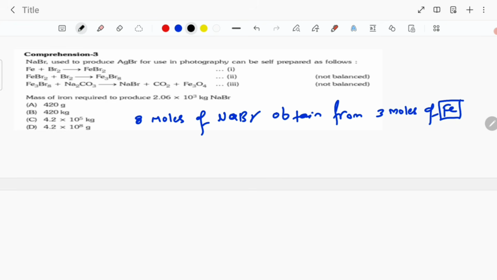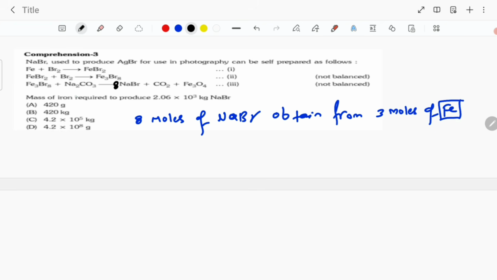Once you try to balance the reaction, 8 moles of NaBr, 3 Fe, because 8 Br, right, Br8, that's why I wrote. So Na2CO3. If you want to balance it, Fe3O4, 3 iron atoms as it is, 4 oxygen atoms here, 2 oxygen atoms here, so 4 to 6 oxygen atoms.